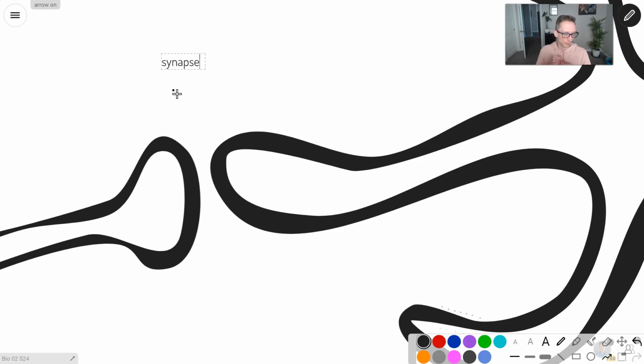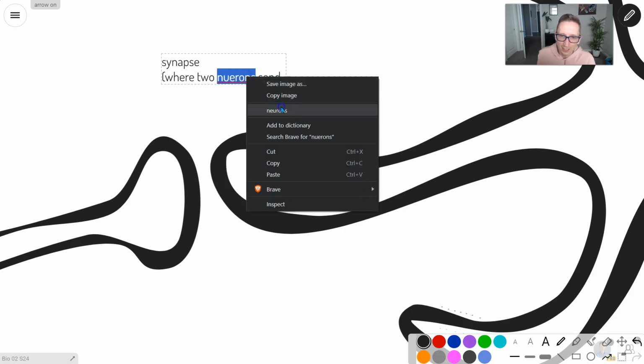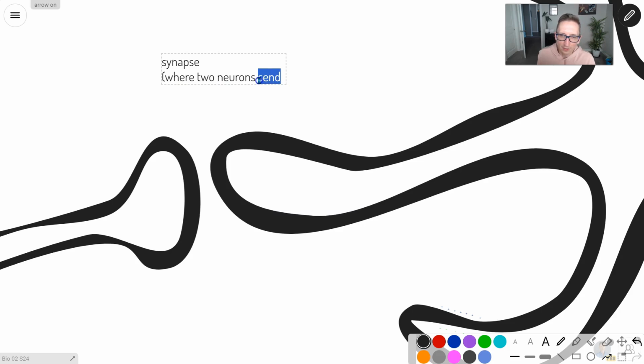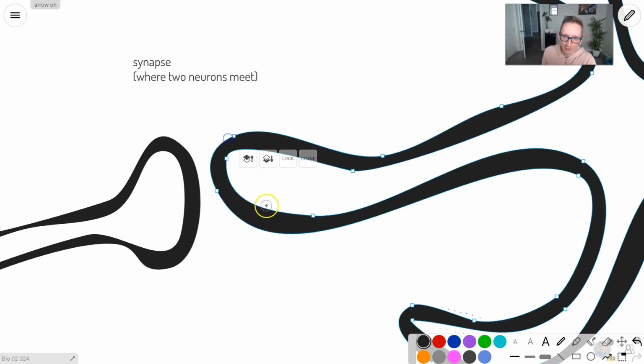Where two neurons meet. We could say connect, but they don't really connect. They don't really touch each other, but they meet here. Okay? They have a meeting. Very close, just like this.